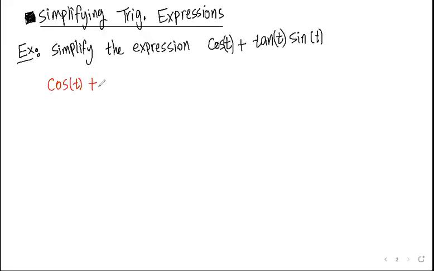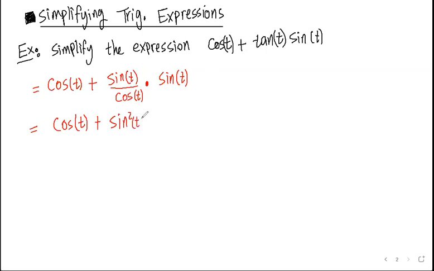So this is equal to cosine of t plus sine of t over cosine of t times sine of t. I can simplify it more: cosine of t plus sine times sine, which is sine square of t, over cosine of t.